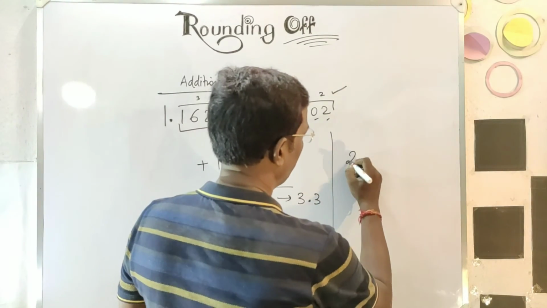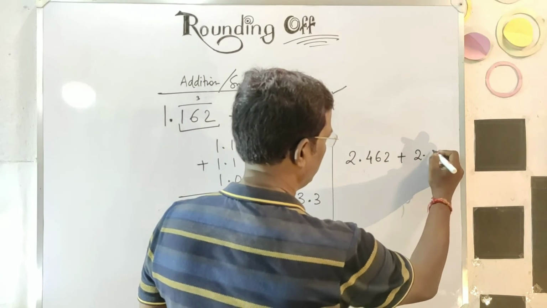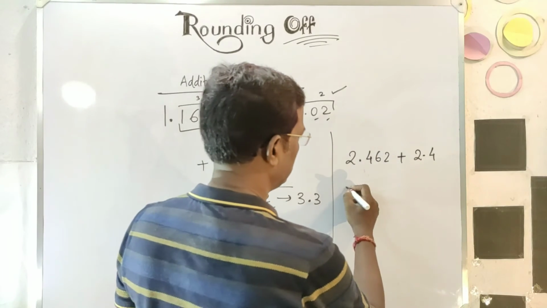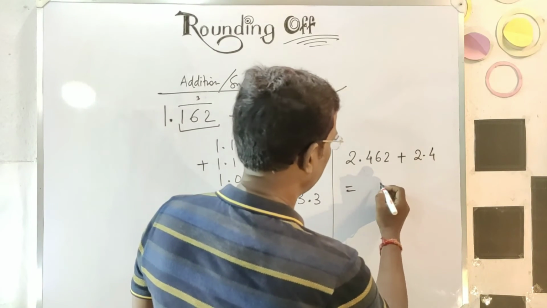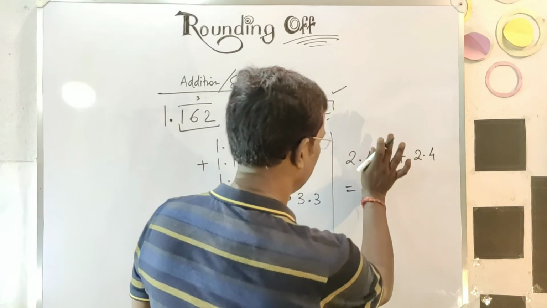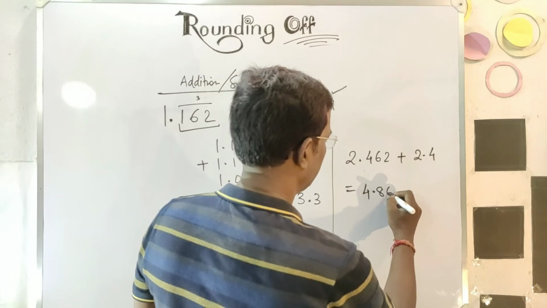Say 2.462 plus 2.4. Now we add these two. What is our answer? Let's see. It will be 4 point, because 2 plus 2 is 4, 4 plus 6 is 10, and so on, giving 4.862.